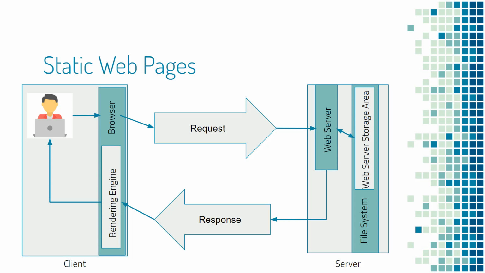The portfolio is usually not updated, maybe once or twice a year. So it's not worth having dynamic web pages. You just create it once, and when you want to update it, you update those files and re-upload them to your server. So in this case, let's trace the request to see how it works.